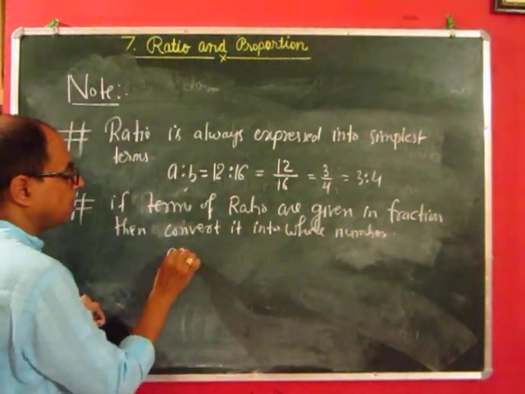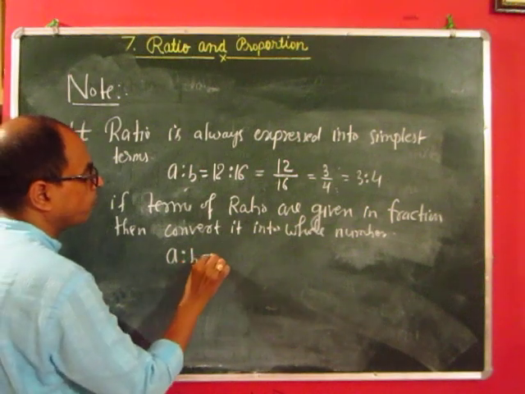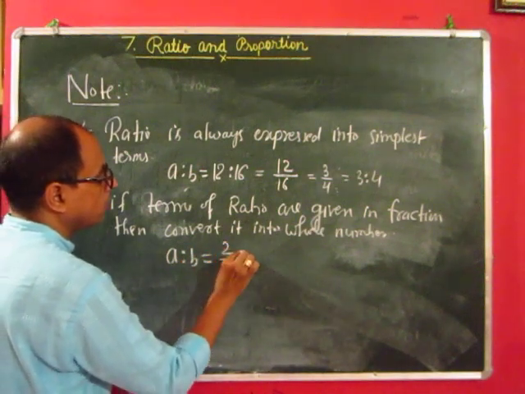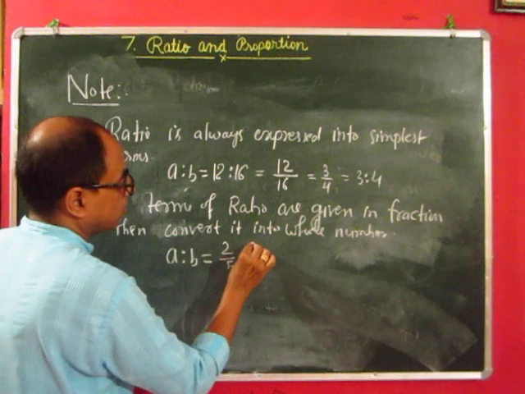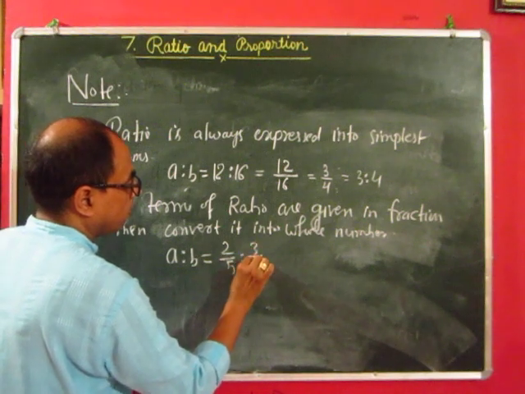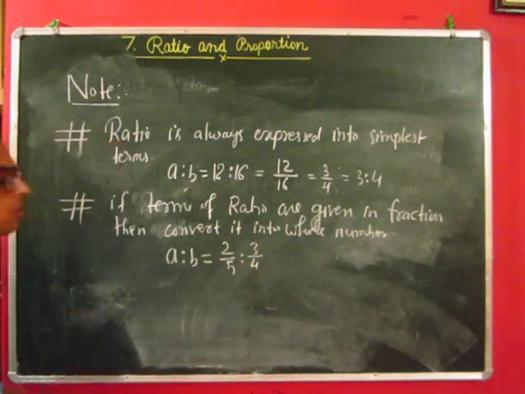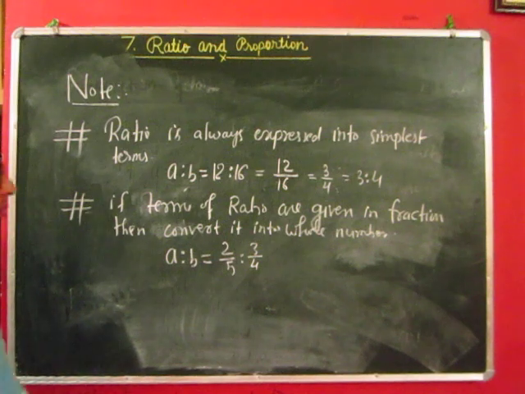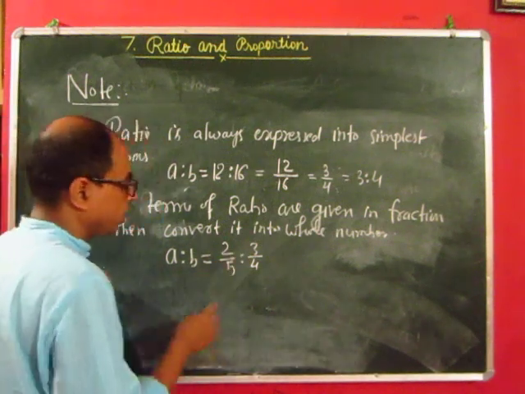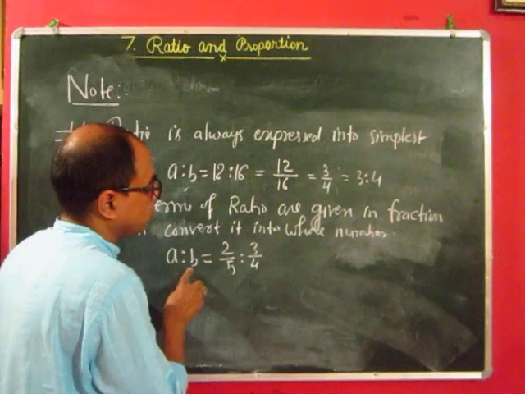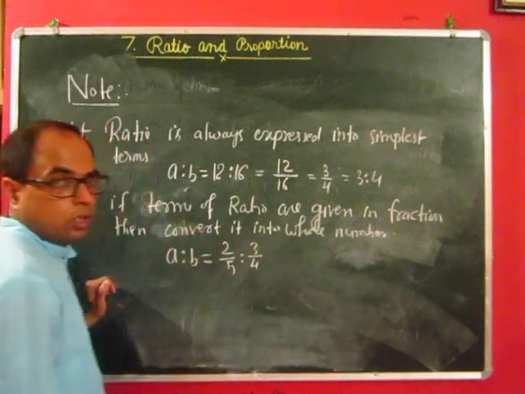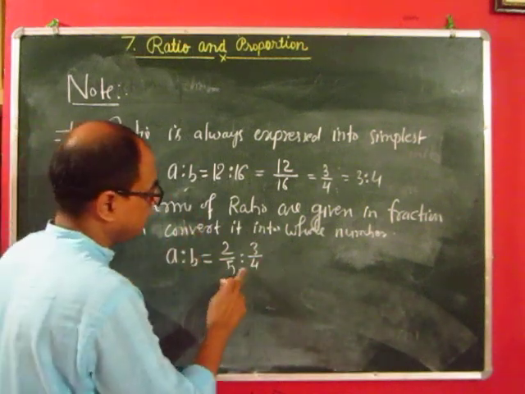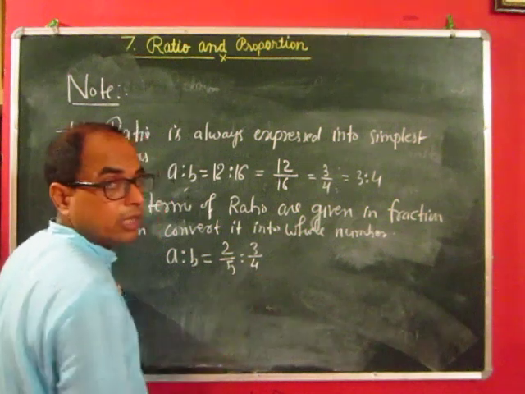Suppose it is given that A is to B is equal to 2/5 is to 3/4. Suppose this one is given to you. 2/5 is to 3/4. So here the ratio of two quantities is given in fraction form. Here these are the terms of the ratio, so these are given in fraction form.